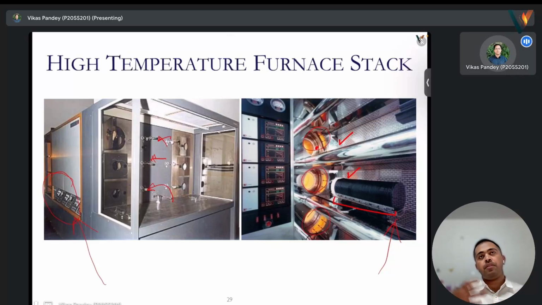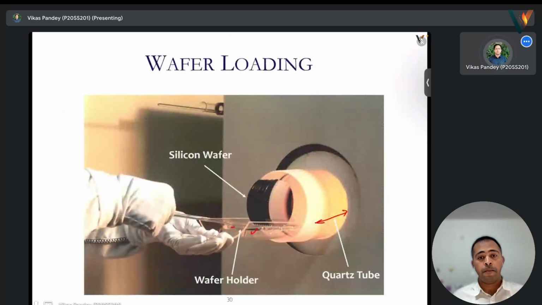We don't waste a lot of oxygen. It is handled very carefully. If you see how hot the quartz tube is, it is taken out and pushed in very cautiously.